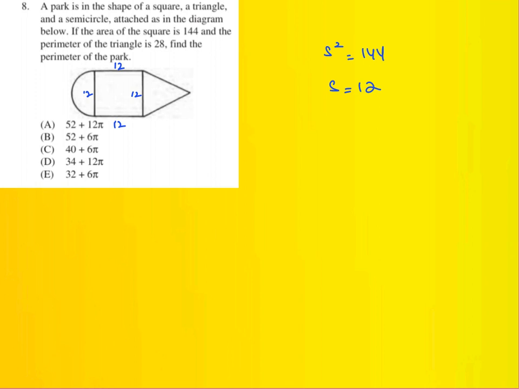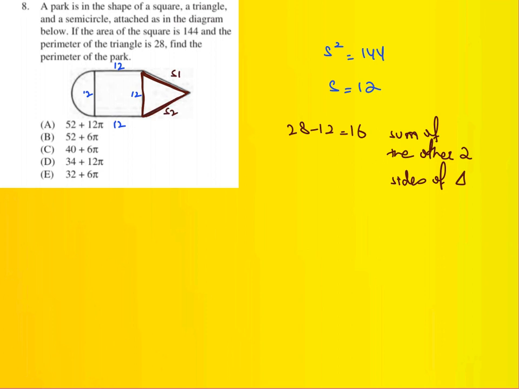With this we also know that the perimeter of the triangle is 28, one of which is 12, which means 28 minus 12, which is 16, is the sum of the other two sides of the triangle. Basically these two sides. Let's just say S1, S2. So S1 plus S2 is 16.